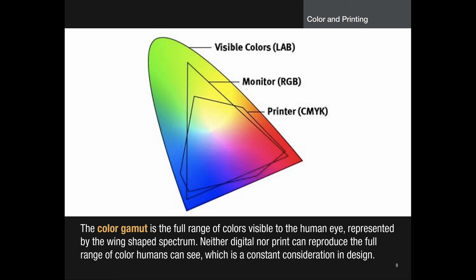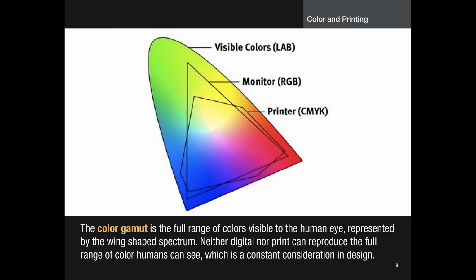Now, if you look at the other shapes that fall within that, there's the triangle shape. That is the shape that represents the colors that can be accurately reproduced on a standard computer monitor in RGB. And you'll notice it's not nearly the same range as the full range of the human eye. And then even smaller still, you can see the weird kind of trapezoid shape.